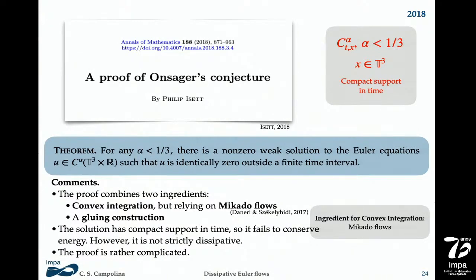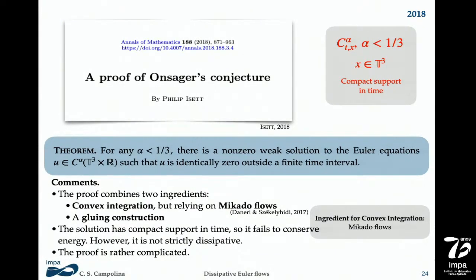So he uses this as an ingredient for the convex integration, and it has some nice properties of how the frequencies interact, and this gives technical advantages for the regularity and the proof.